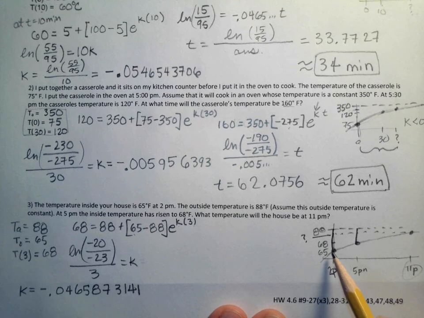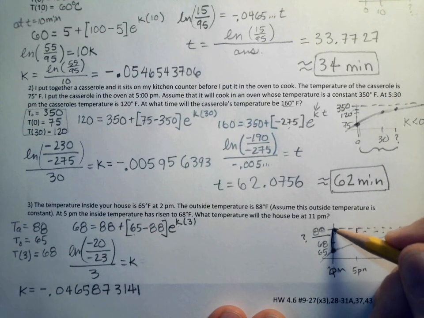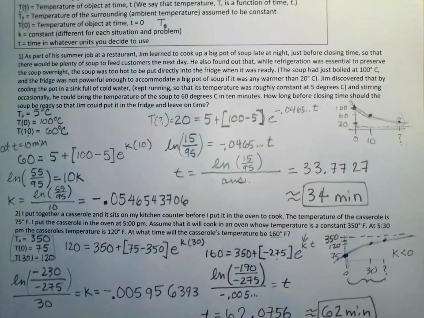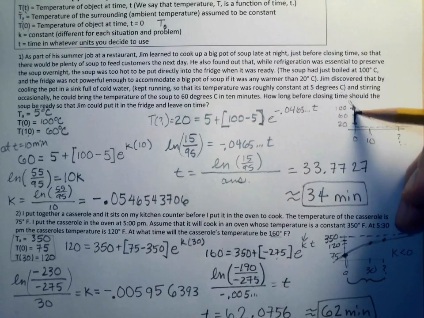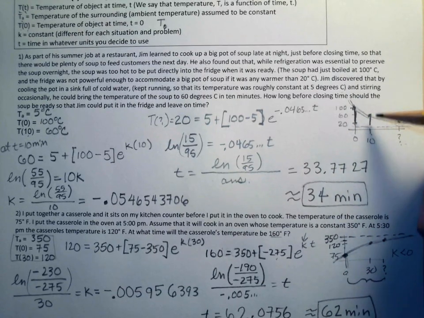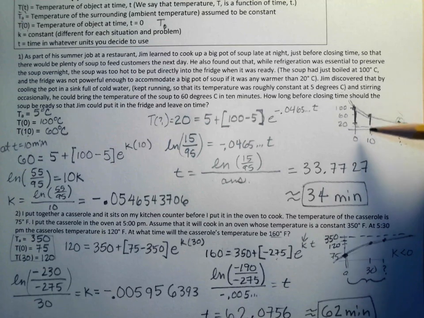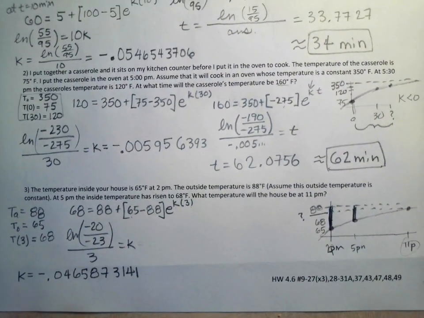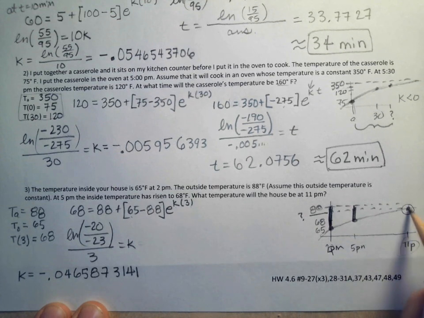So whether or not the temperature itself is increasing, it's really the difference in these temperatures that is decreasing over time. And so that's the same up here. The difference in these temperatures is decreasing with time. And so that's why really we have a negative K.